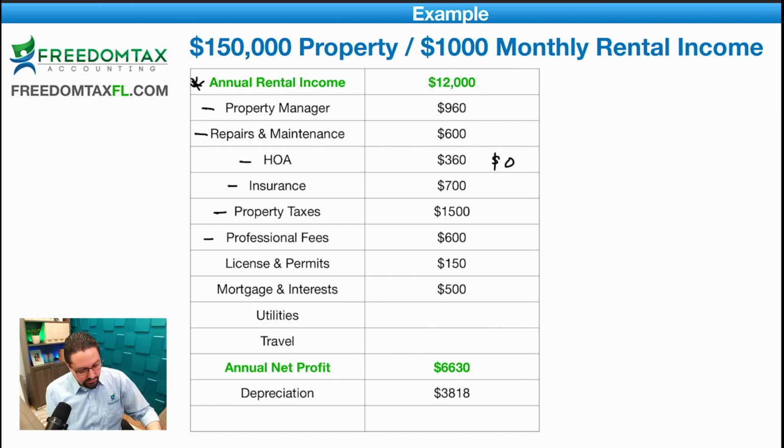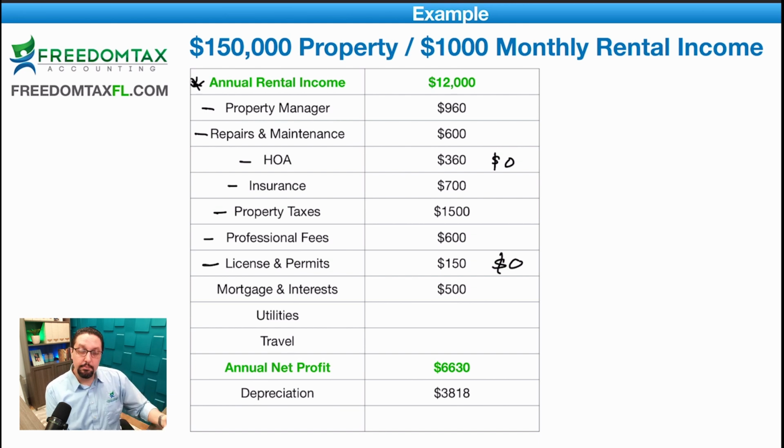Now, you can also deduct licenses and permits. Depending on where the property is, you may have to have a license or a permit to rent it out, but usually it's not needed, so usually this is zero. But in other states and other counties, yes, you have to have a license or a permit to rent out the rental property.